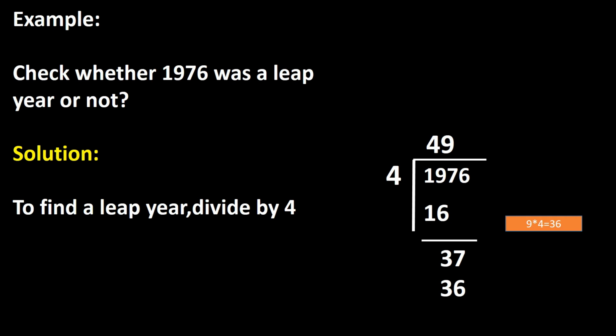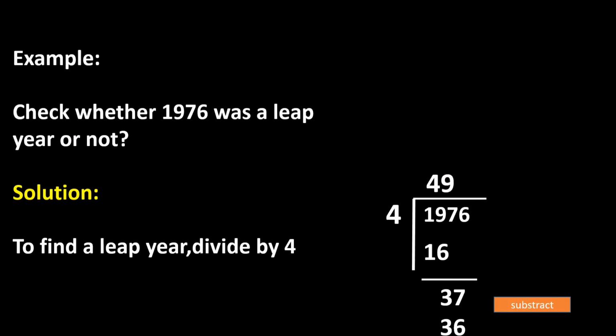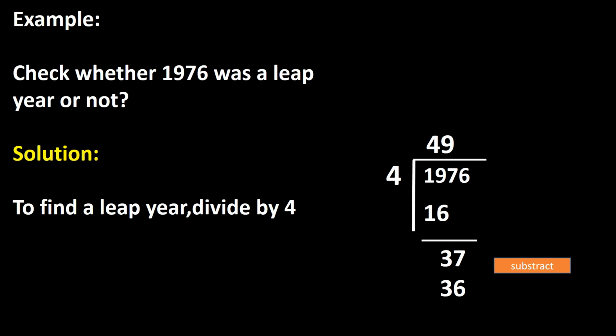So here we get the answer as 1. After subtracting 36 from 37, we get 1. And next step is we have to bring down 6. So after bringing down 6, we get 16.